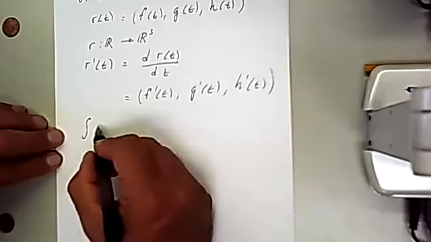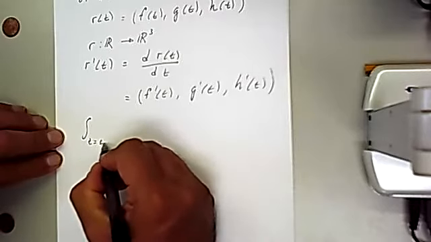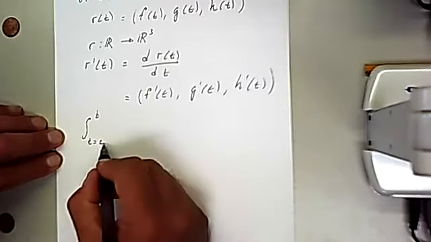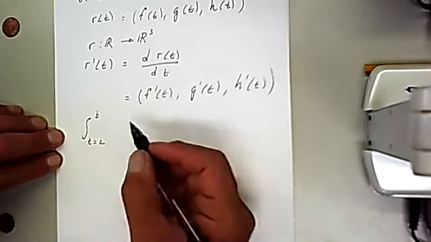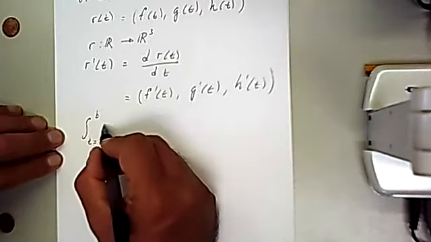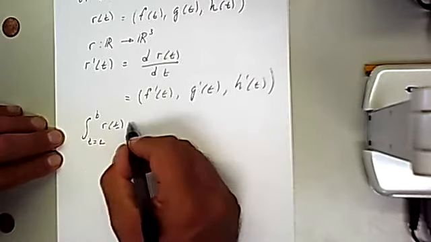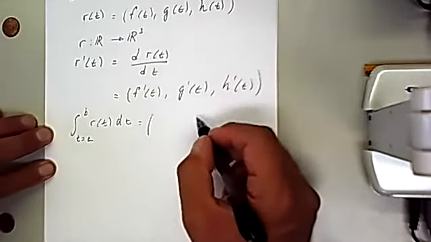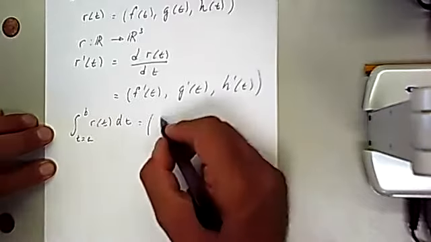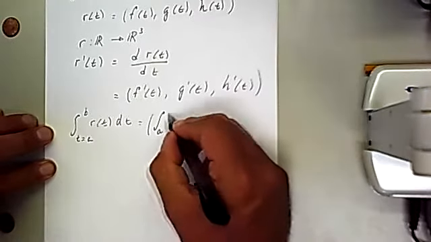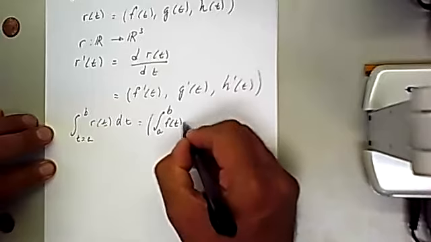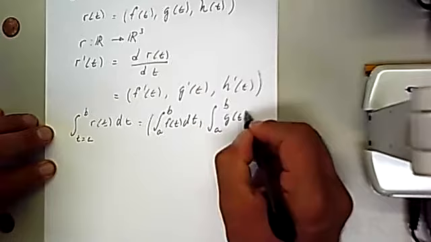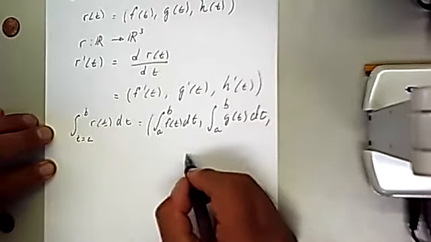The integral from t equals a to b, although we don't necessarily have to put the t in there, but I want to clarify that we're going from t equals a to t equals b, of r of t dt is simply the vector with three components, and the components are, as you may guess, the integral from a to b of f of t dt, comma, the integral from a to b of g of t dt, comma, and then the integral.